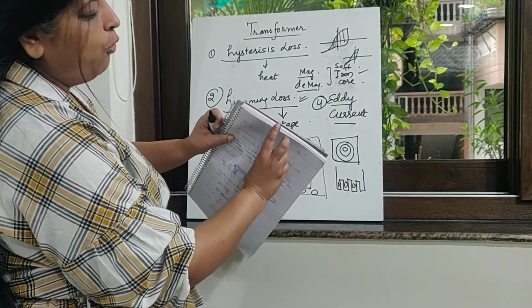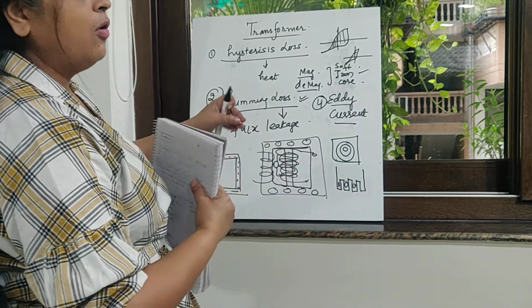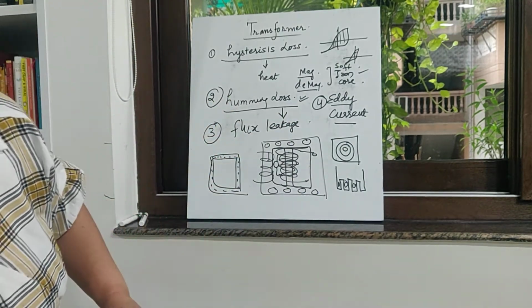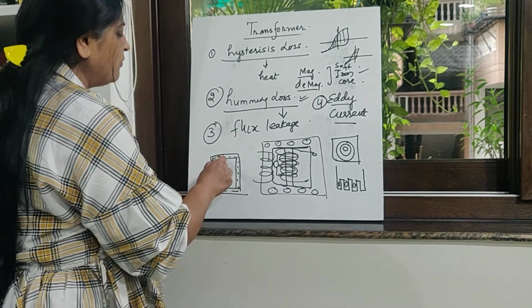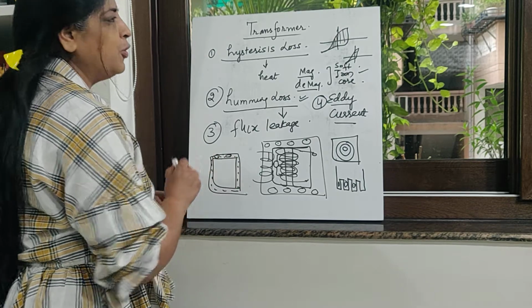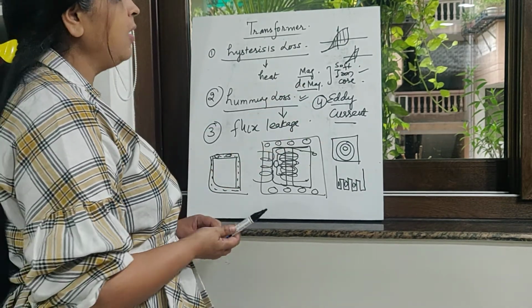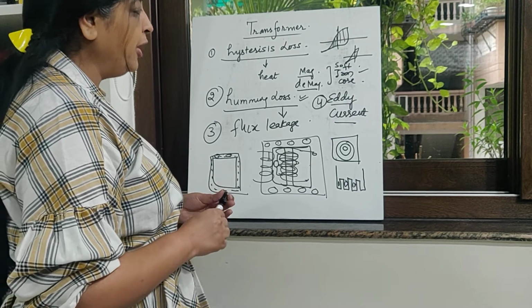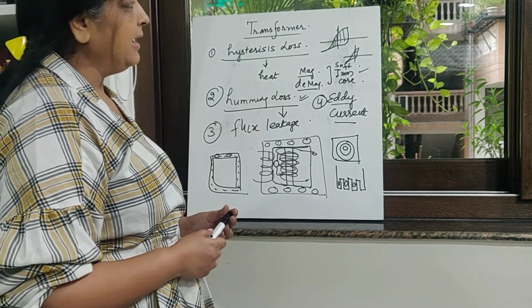So between two laminated sheets, we will put mica or some dielectric, anything of the sort which is an insulator. So one is not connected with the other. So eddy currents will not be able to be produced here. Hence, heat will not be produced. So this is how you can reduce the eddy currents by using a laminated core.